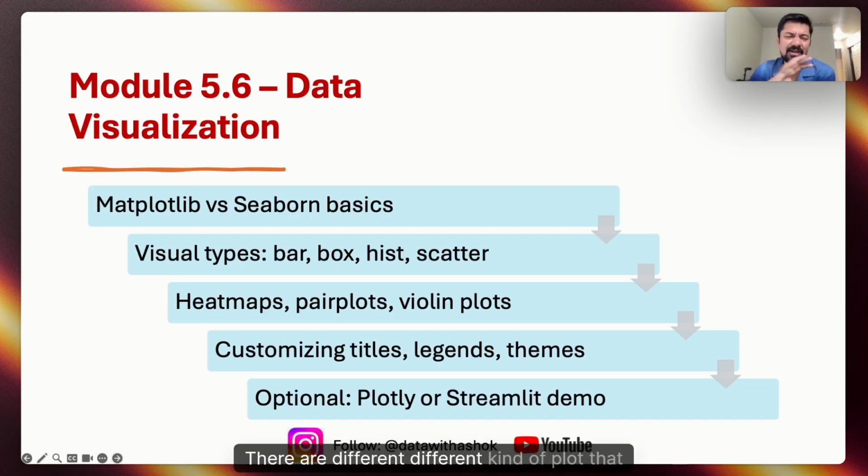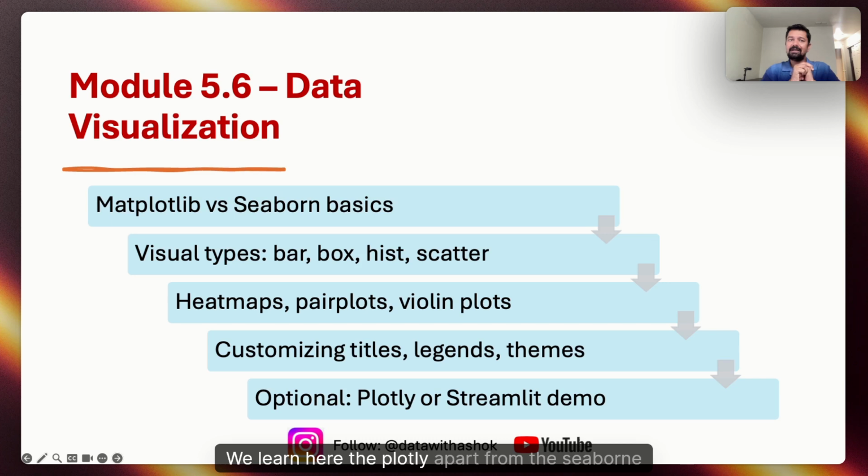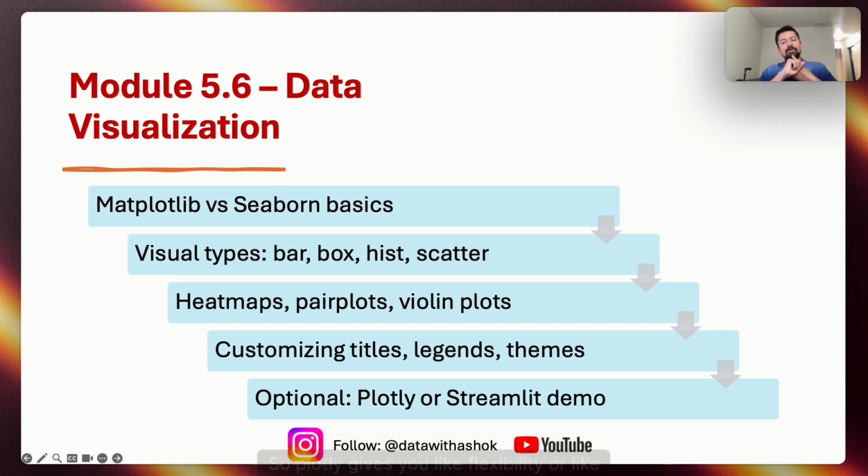There are different kinds of plots that you can use to convey the insights, to convey the message from the data to the audience. Here you can customize the title, legends, everything. Optionally, we will learn here plotly apart from seaborn and matplotlib. So plotly gives you the flexibility, or like streamlit we can learn. Plotly gives you the flexibility to create interactive plots, not static plots. We'll learn about these things in detail.